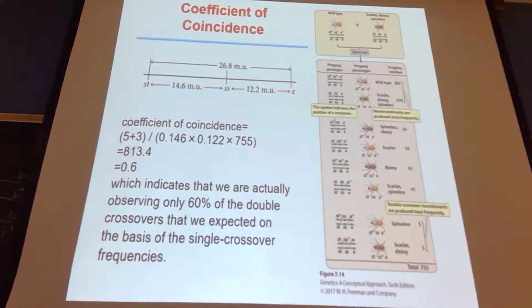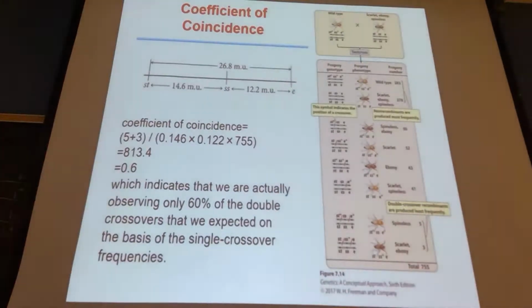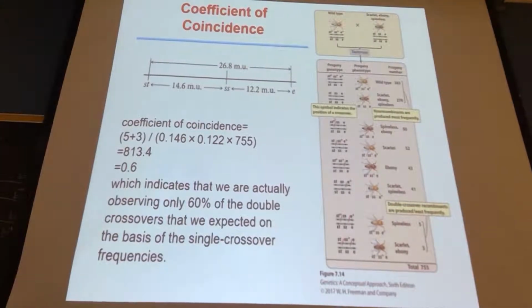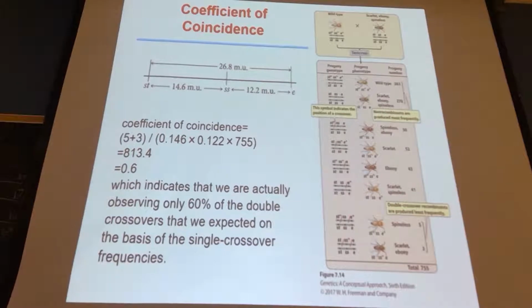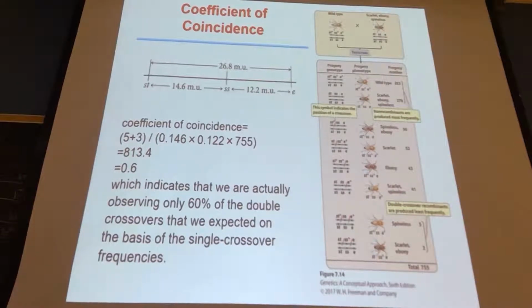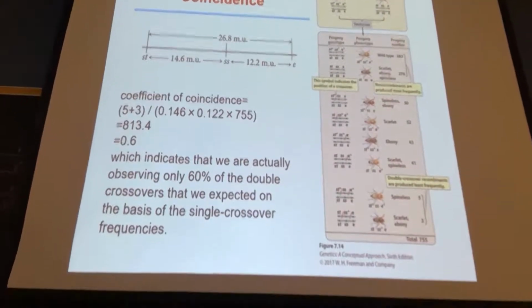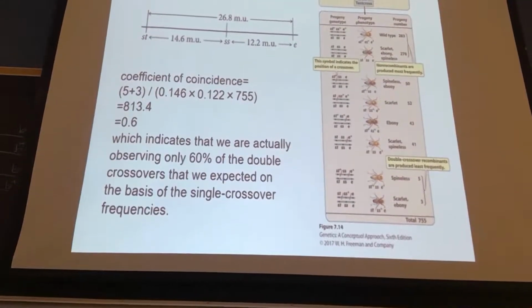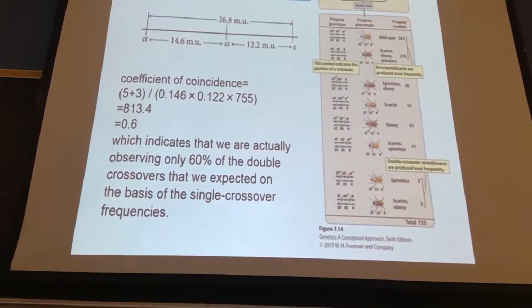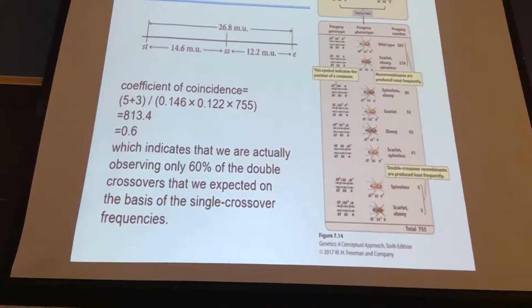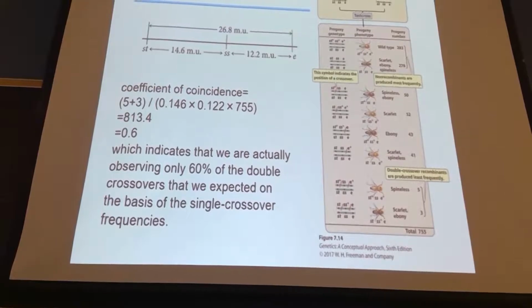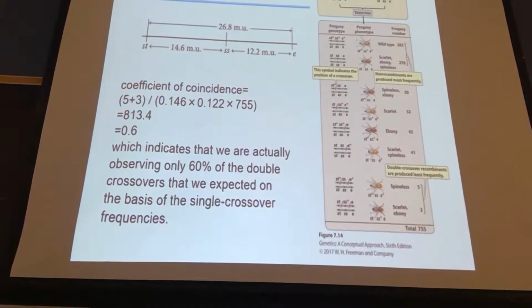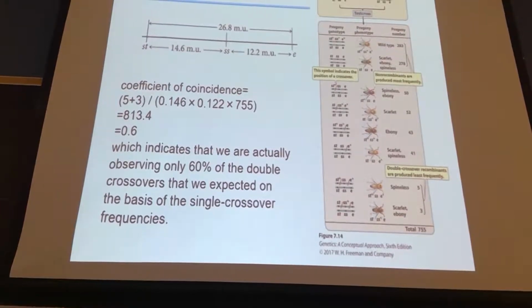So let's make it a little bit more simple. Observed DCO divided by expected DCO is equal to the CC. Observed DCO is 5 plus 3.